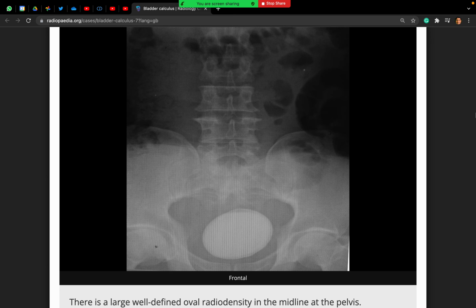You are doing a suprapubic approach and fragmenting the stone, say with lithoclast, and it is nicely fragmented. How are you going to complete this procedure? So to complete this procedure, I will ensure maximum drainage of the bladder by means of a free-flowing urethral catheter, as well as a suprapubic catheter.